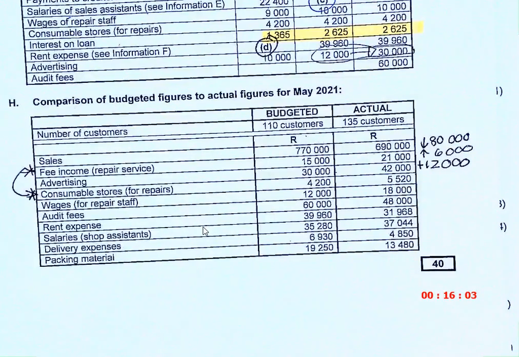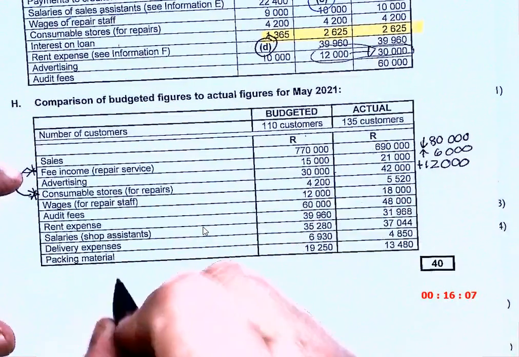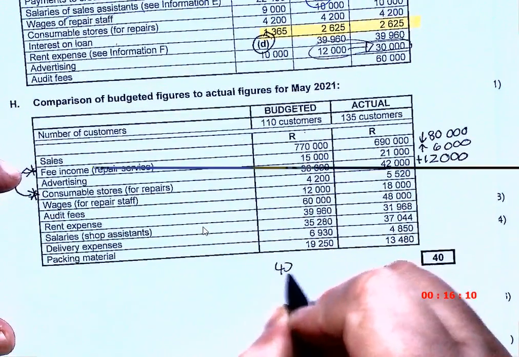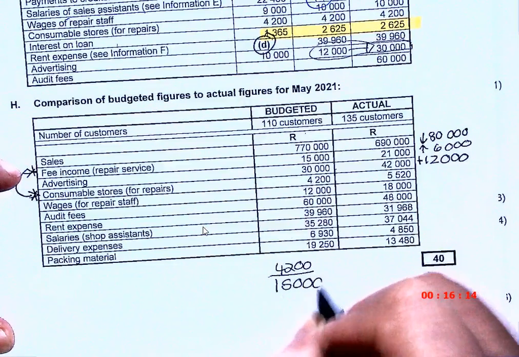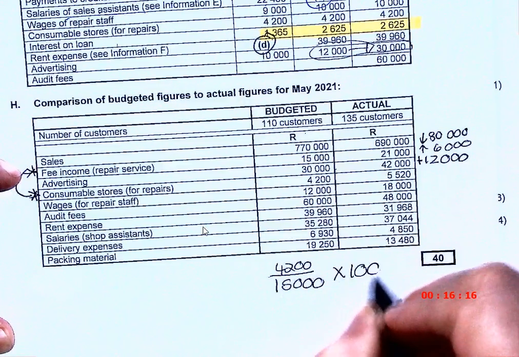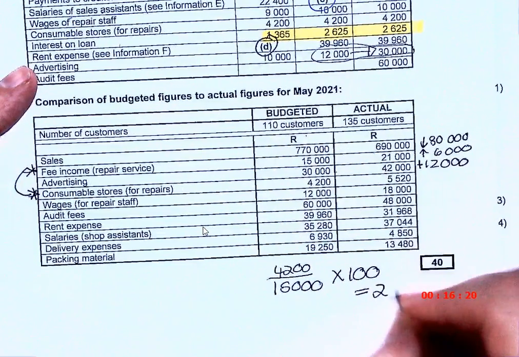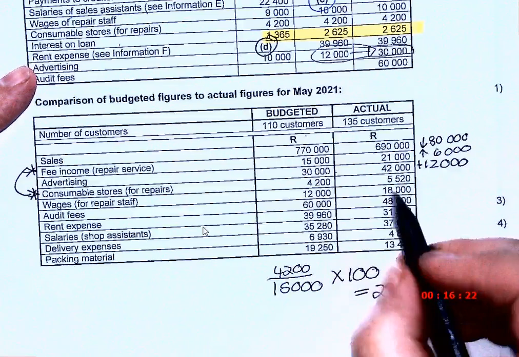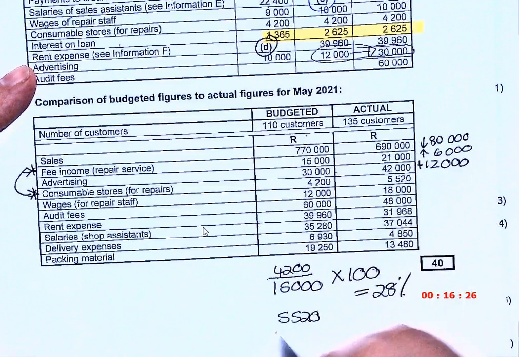Okay, so now let's see. I budgeted 4,200 of the 15. What does that give me? 28%. But I actually spent 5,520 and I got 21.